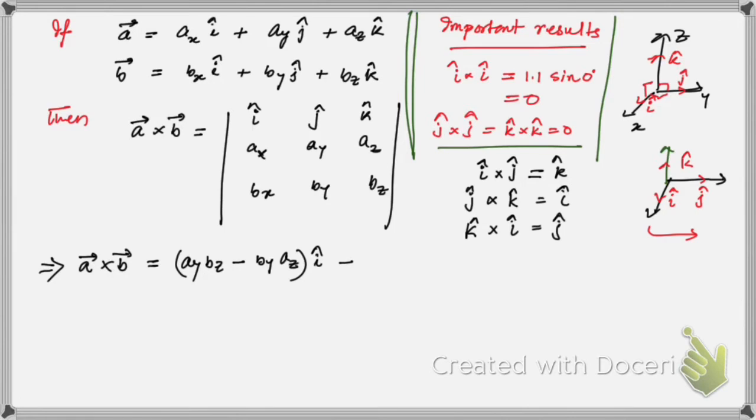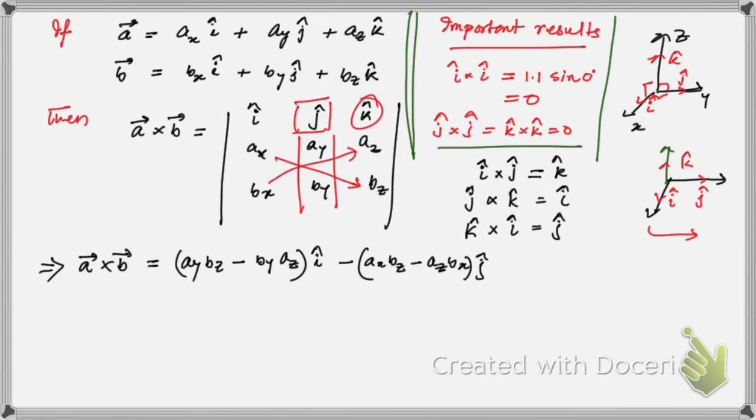That's very simple, right? So we have got (ax bz minus az bx) j cap. So what we have done here, let me tell you again. To find j cap, ignore its corresponding column, then multiply these two, minus, then multiply these two. To find k cap, ignore its corresponding column, then multiply this one with by and bx with ay, right? That's the way you find it.